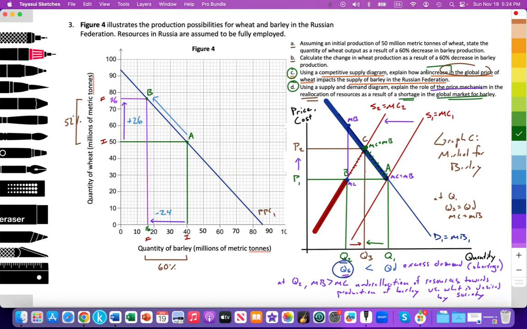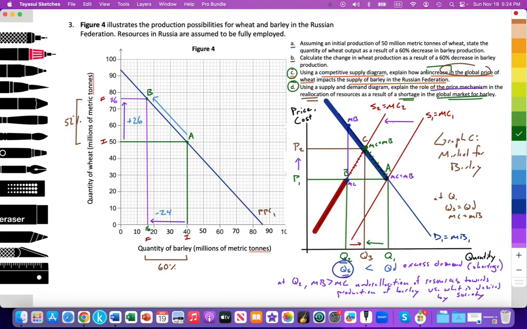So in question C, we illustrated competitive supply where there was an increase in the global price of wheat, which would incentivize farmers, in this case in the Russian Federation, to increase their wheat output from 50 million metric tons to 76. They're going to allocate resources away from barley, and that's going to lead to a decrease in the supply of barley.